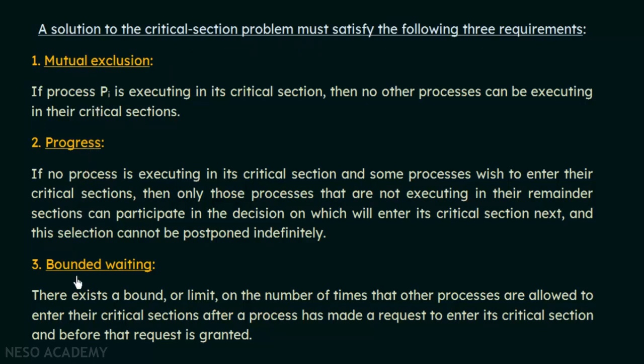These three requirements must definitely be satisfied and only then will we have a solution to the critical section problem. We see that the critical section problem is used for synchronizing processes that cooperate with each other, and in order to solve this problem we need to satisfy these three requirements.